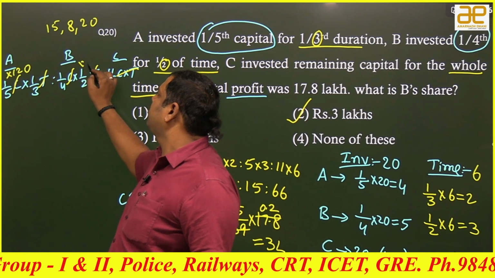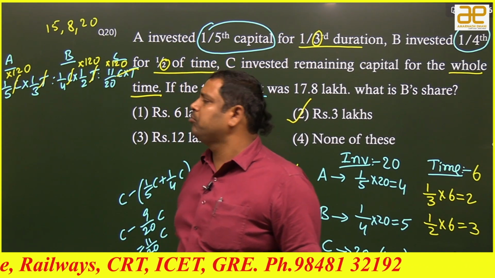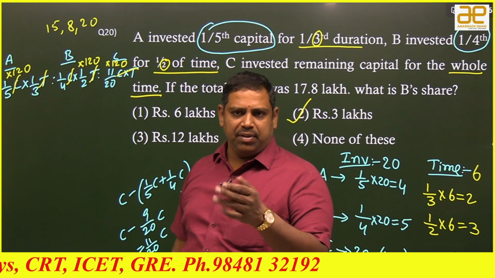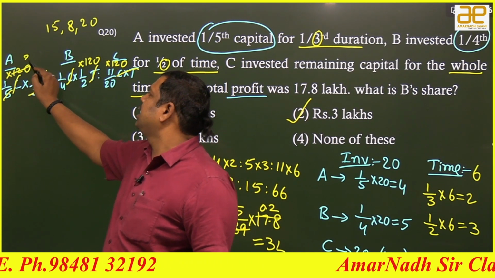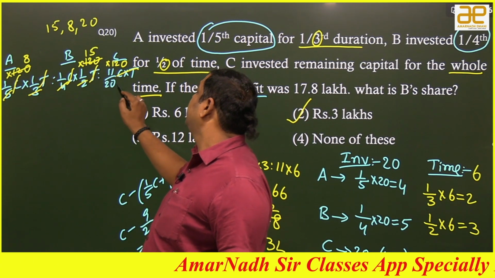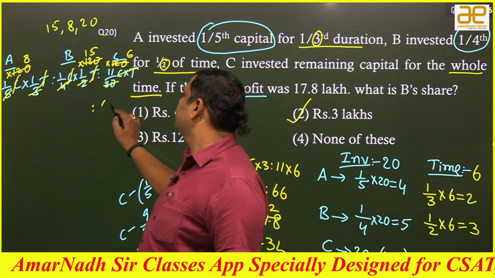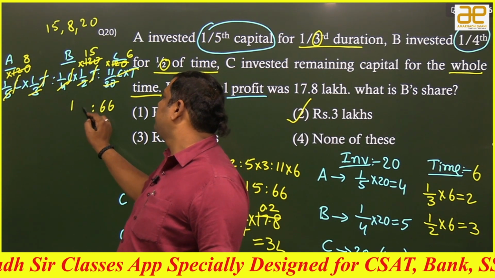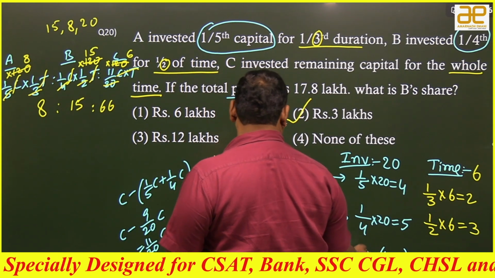Why am I multiplying with 120? So that the denominators will vanish. 5 3s are 15, 15 means 8 times. 4 2s are 8 means 15 times. And 6 into 11 is 66, the share of C. So 15 parts, 8 parts. Now verify, you got the same answer or not.